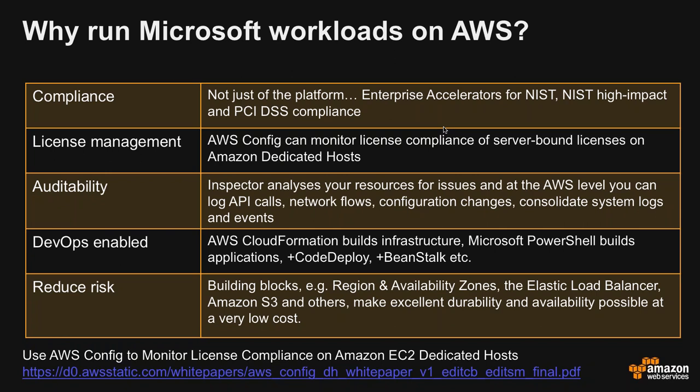Across the platform, we provide NIST, PCI accelerators, we supply a whole range of certifications and compliance and regulatory controls as well. And we have services and features that enable our customers to manage both the security of the cloud and security in the cloud.